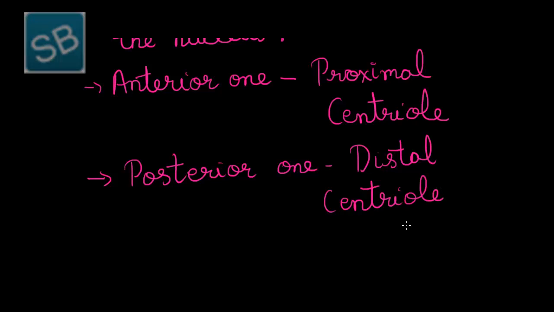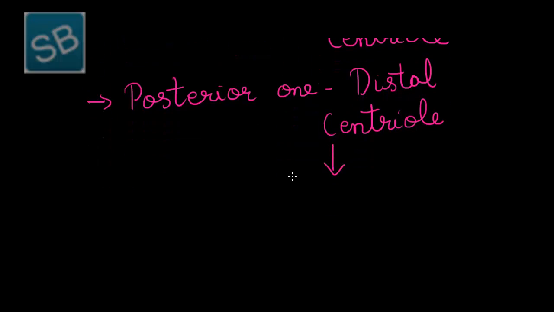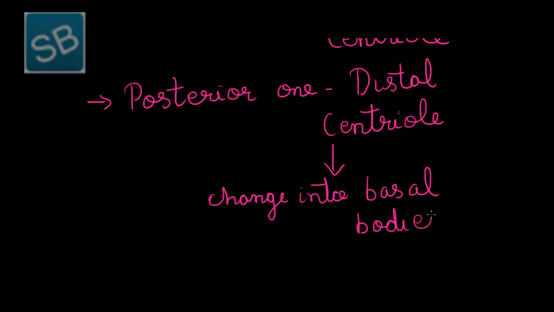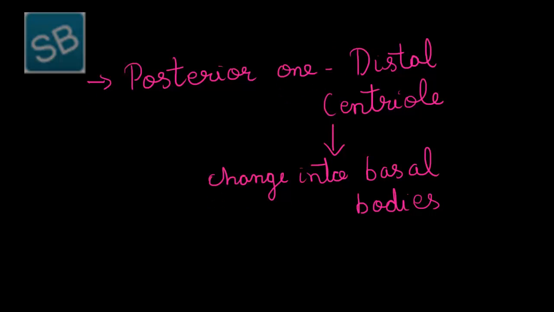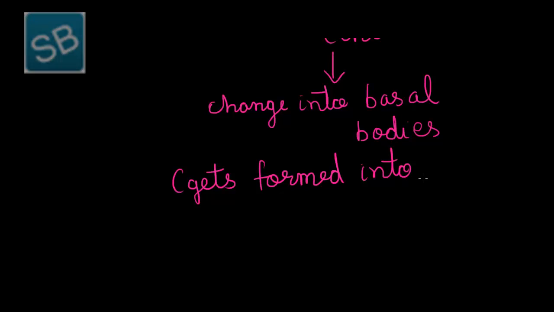Here the distal centriole gets changed into the basal bodies, that is, these basal bodies help in the formation of the axial filament of the sperm.